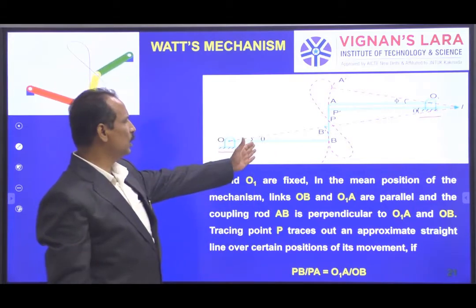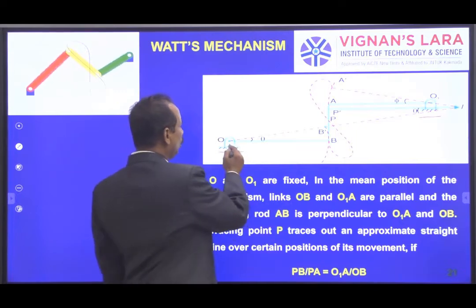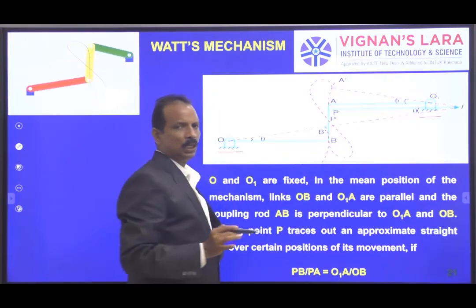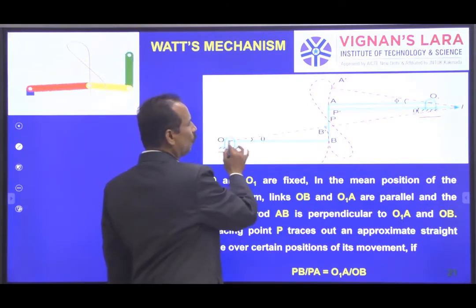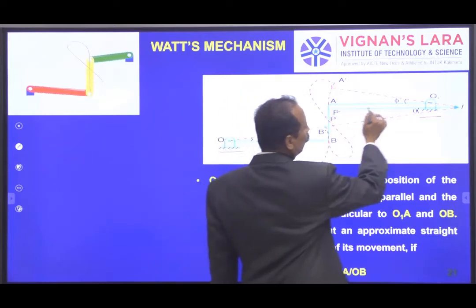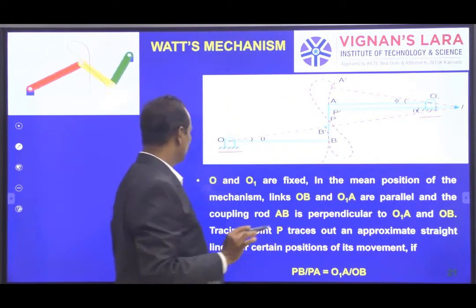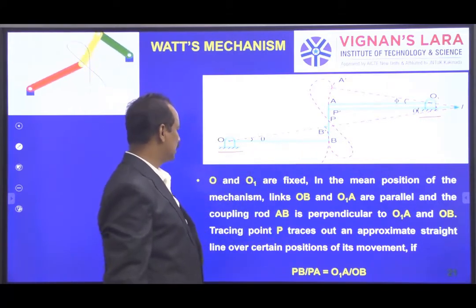At the middle position, that means when point P is at the midpoint, OB and O1A are perpendicular to AB. Then P is the point of tracing.